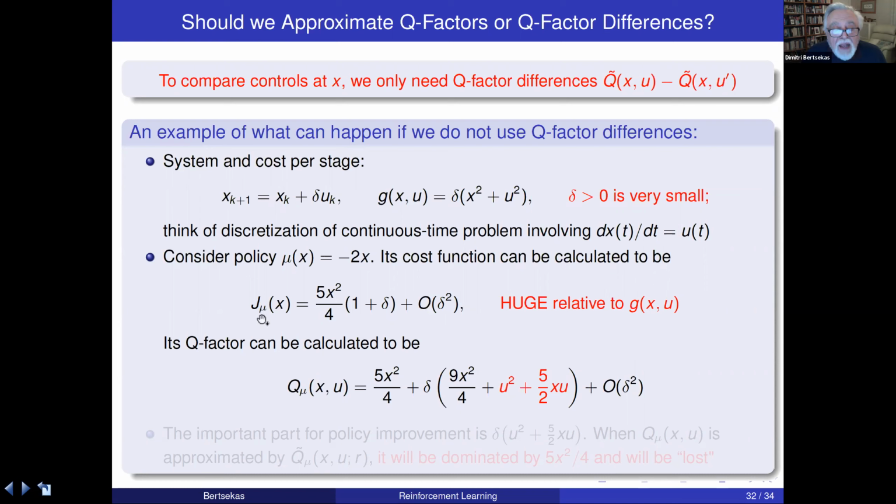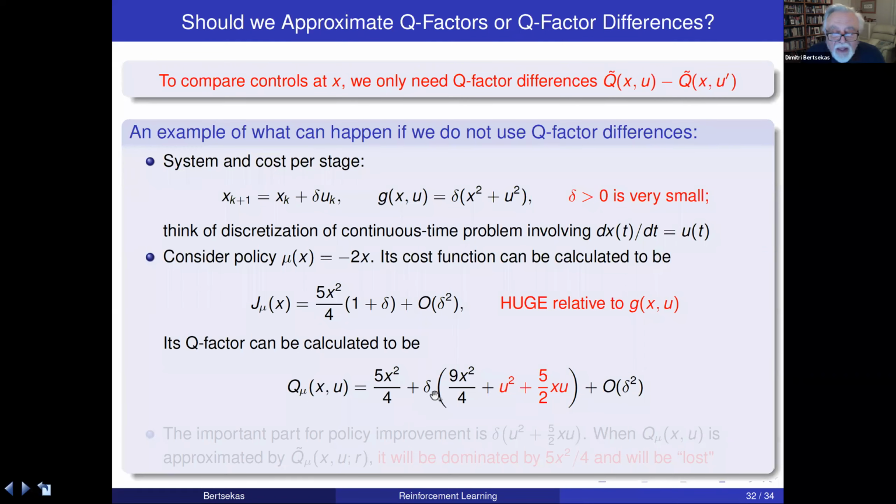You can also calculate the Q factor of this policy. And the Q factor has this form. This requires some calculation, but trust me, this is the correct formula. And it is quadratic in X and in U, and it involves delta.